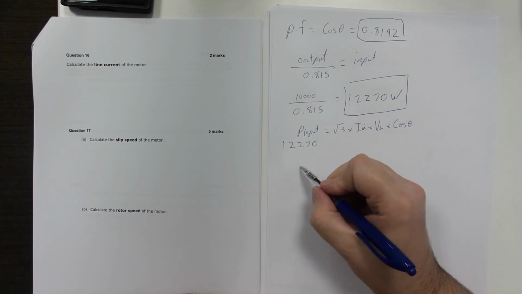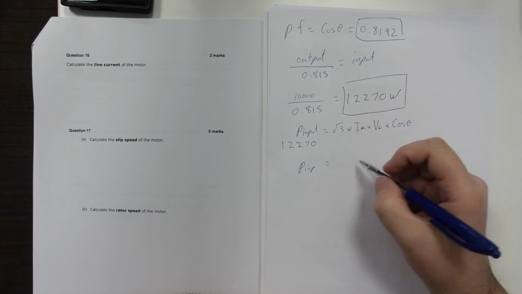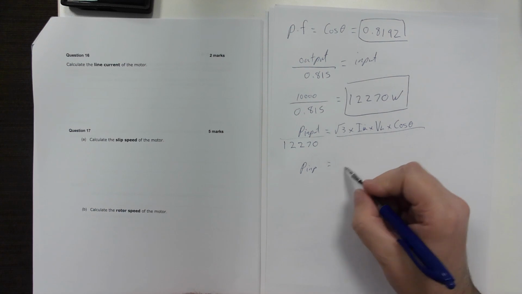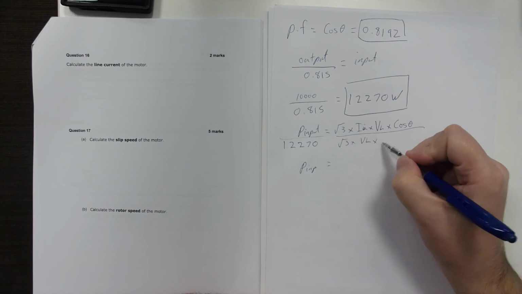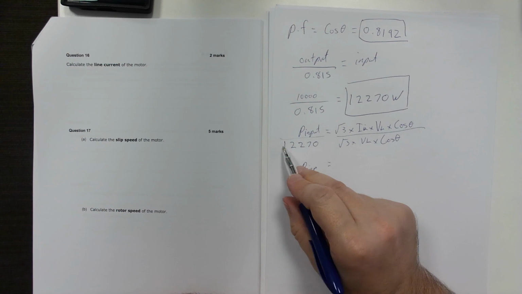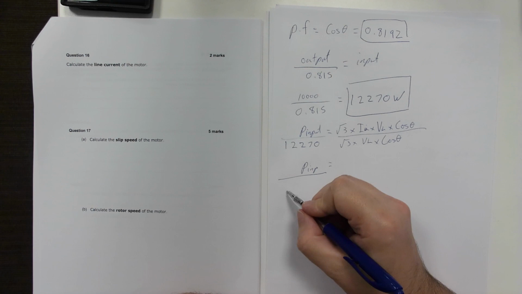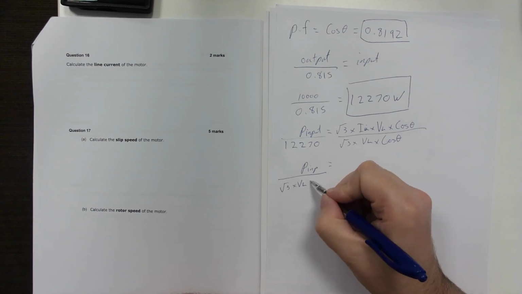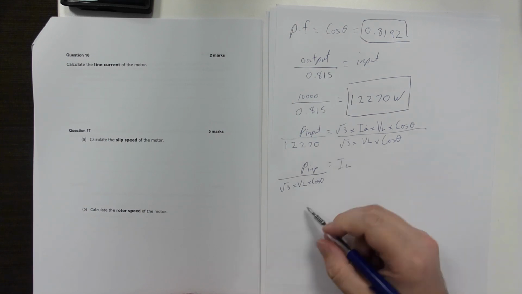Rearranging that, we divide both sides by root 3 times V line times cos theta, so P input over root 3 times V line times cos theta equals I line.